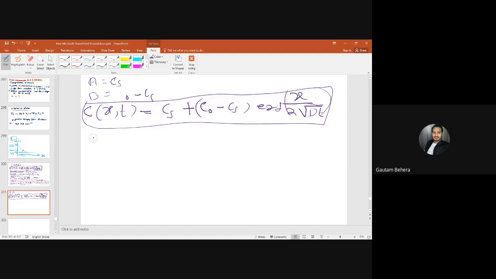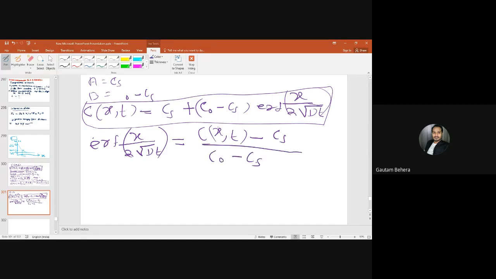I can write error function x by 2 root dt is equal to Cxt minus CS divided by C0 minus CS. We can rewrite the above expression like this.